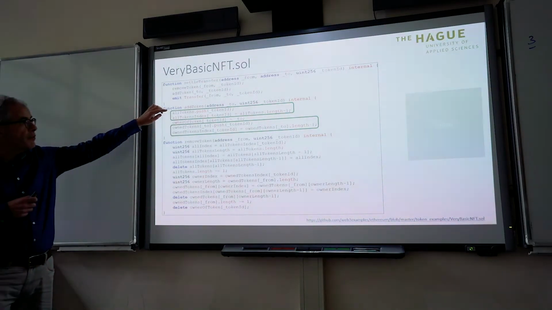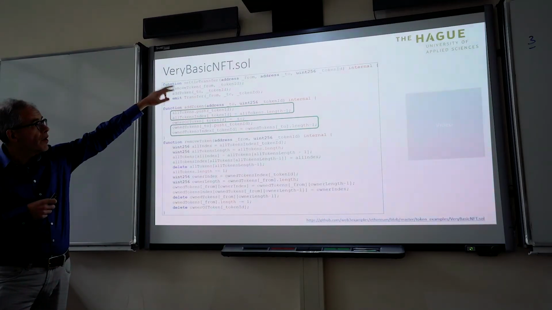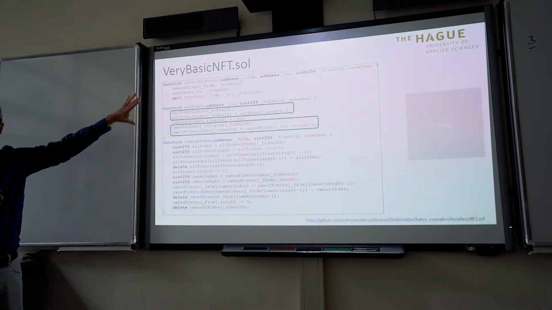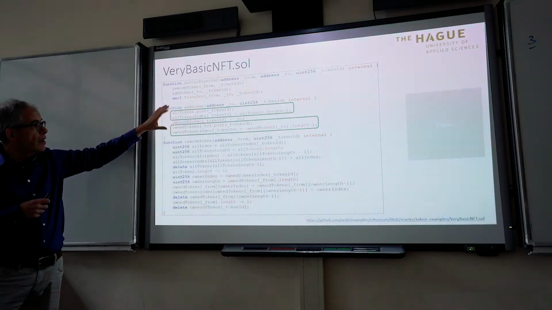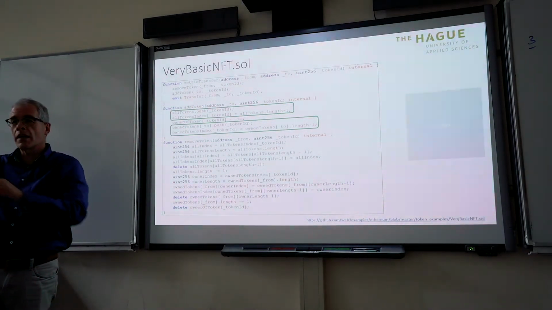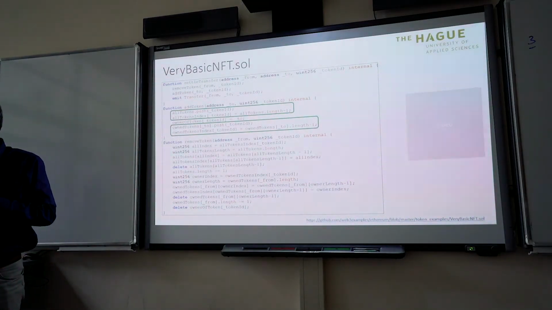So here you can see if you transfer a token from one address to another address, and in this contract they split it up in two parts: the add token to add a token to a new user, and the remove token to remove it from a user.